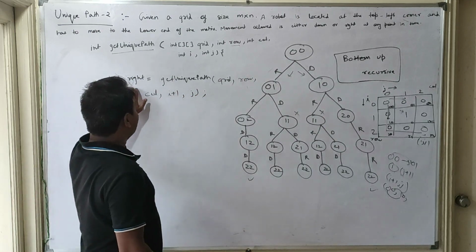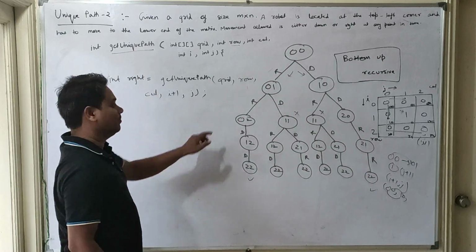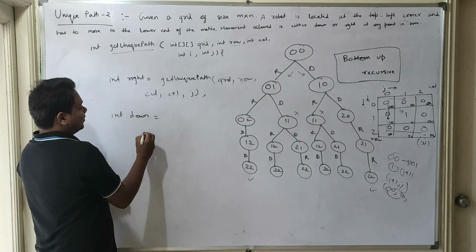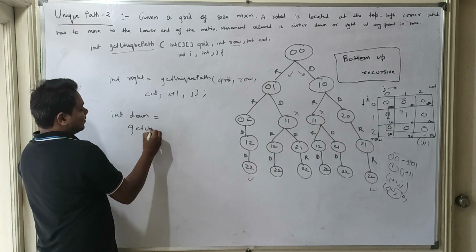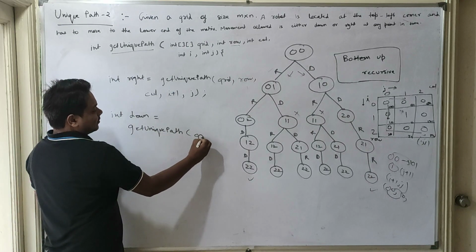So if we are moving right, then this will be our sub problem, but if we are moving down, then it will become get unique path grid.